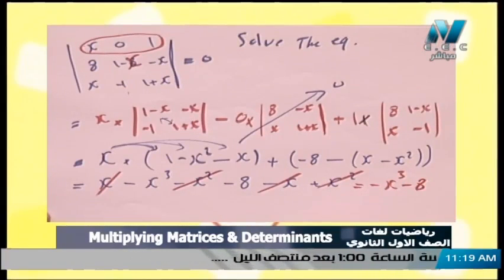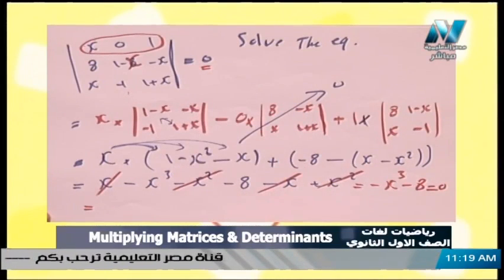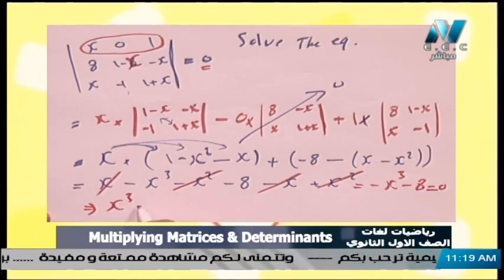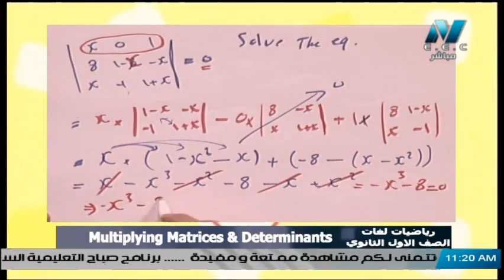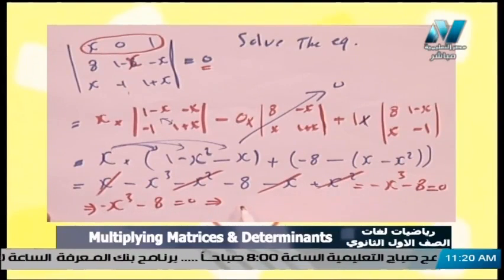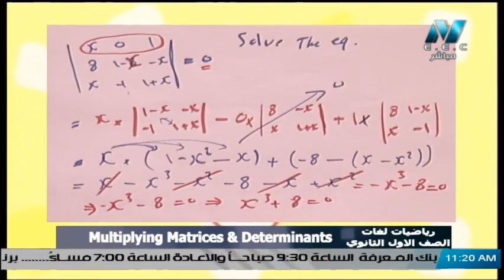which equals, of course, 0, because this determinant equals 0. So we have negative x to the power 3 minus 8 equals 0, and we can multiply it by negative 1, so x to the power 3 plus 8 equals 0.